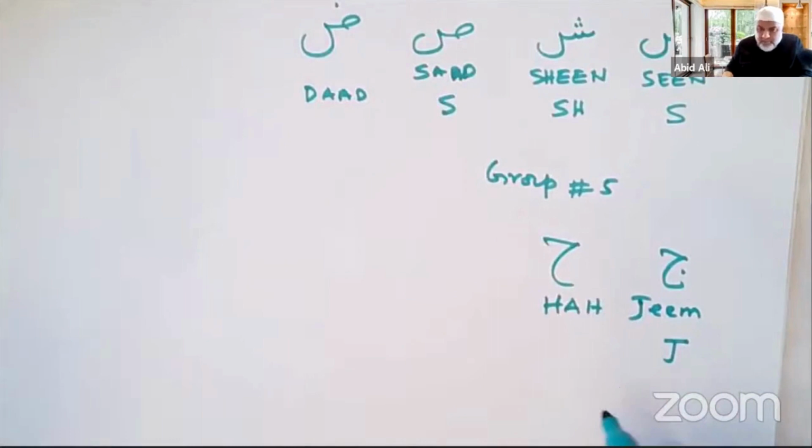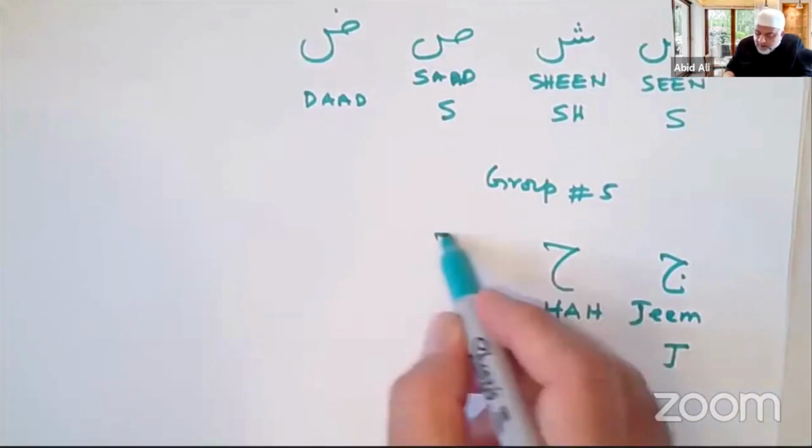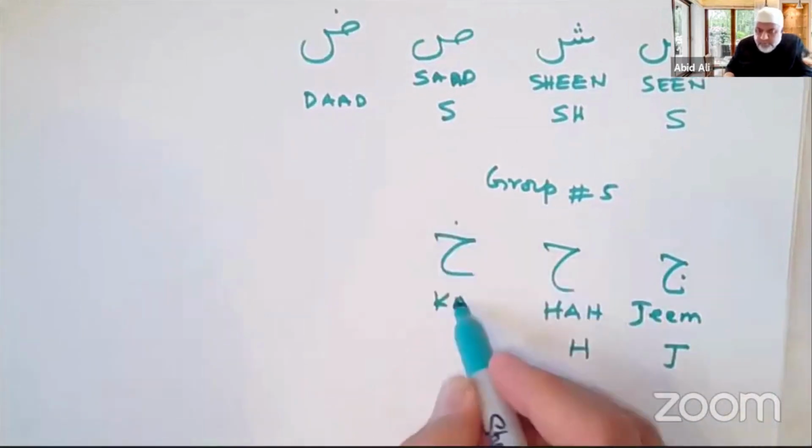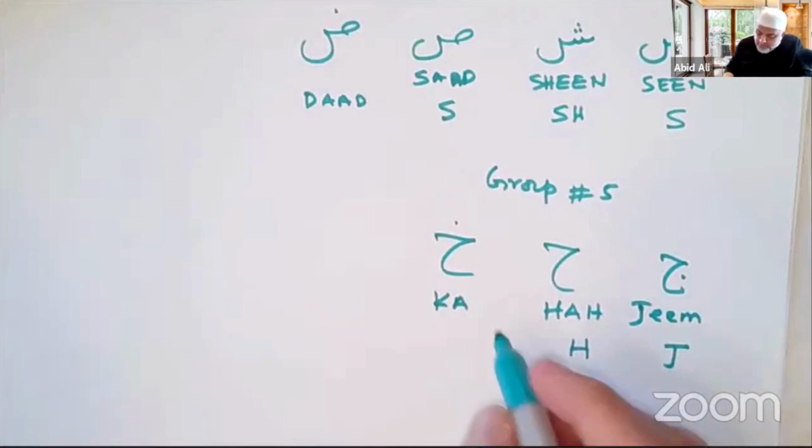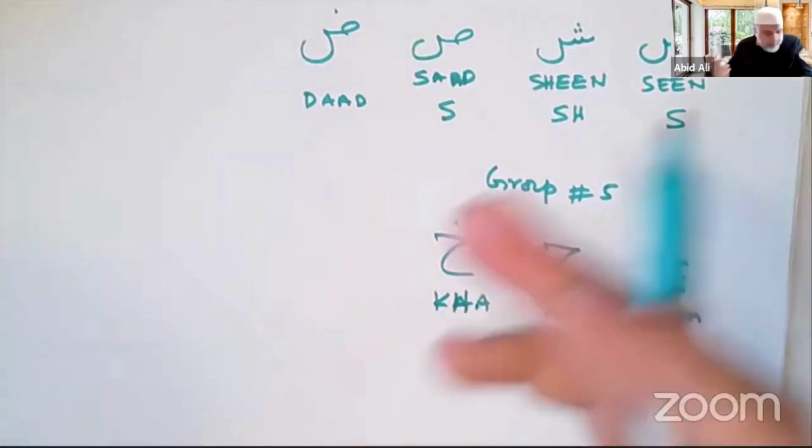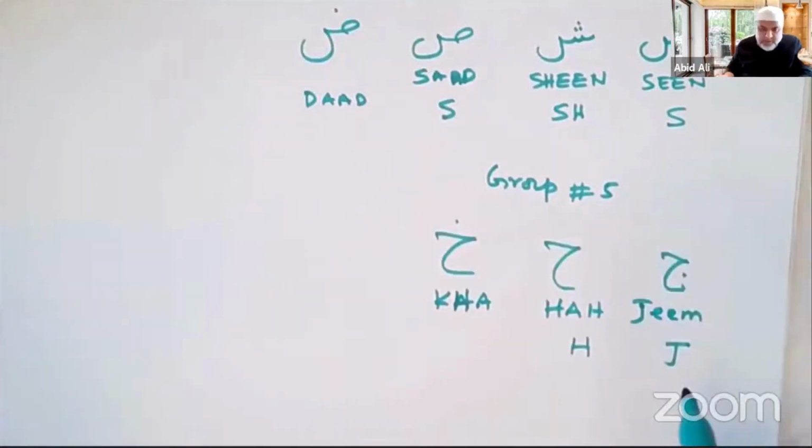It's still very hard for me to say, but I'm working on it. This is with a little bit of the sound of when you're trying to spit. So we have to work on that.